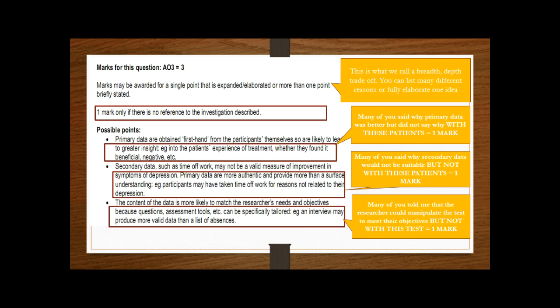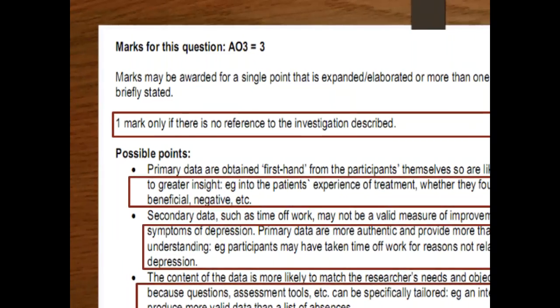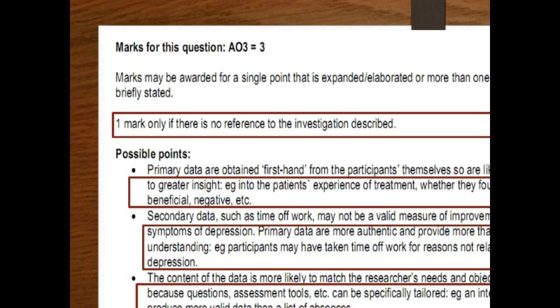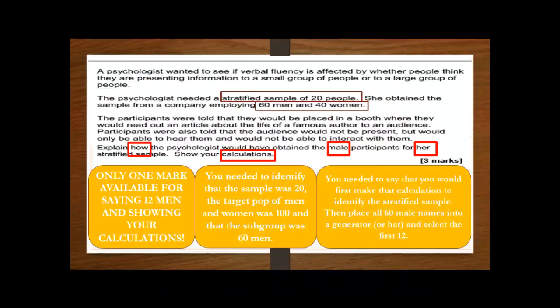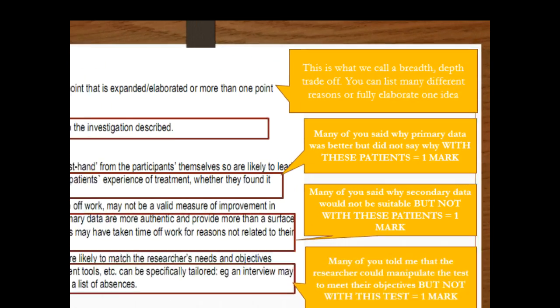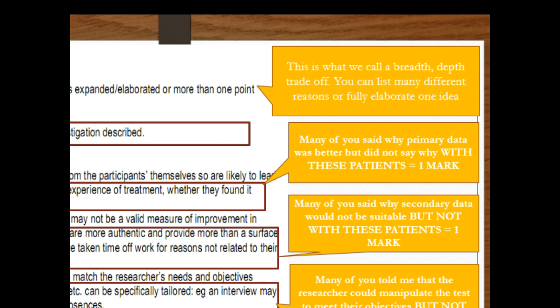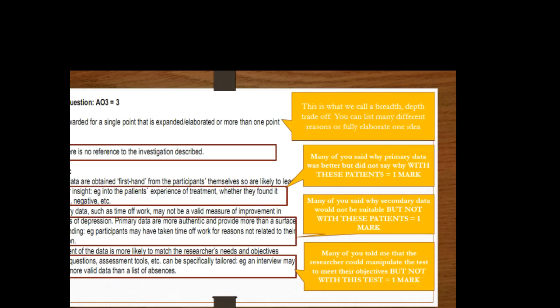The next question here was again an applied question, and it was very poorly done across the board. A load of you only got 1 mark, and the 1 mark was awarded for no reference to the investigation. So here you had a choice. You could either elaborate several different reasons, so like list them, or you could go for one and fully elaborate that idea.